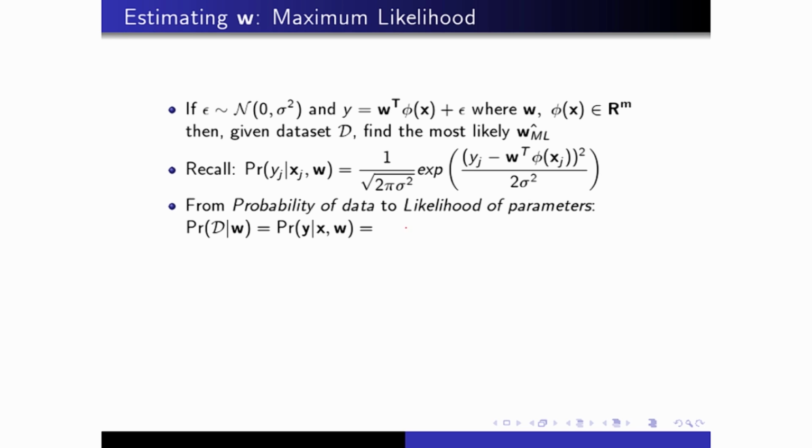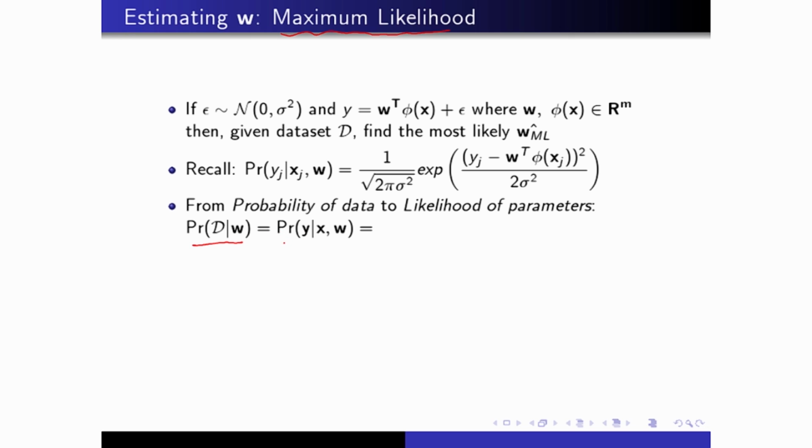How do you find the W? So we were interested in a W that most likely is the one that generated the data, and that is the concept of maximum likelihood. So more specifically, we look at the probability of data given the weights. What does that mean?